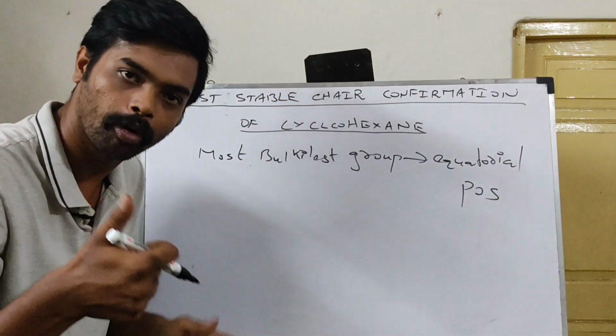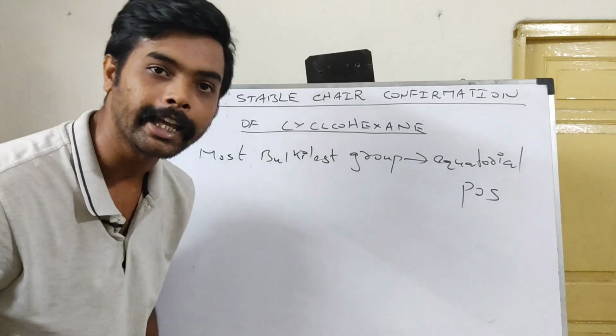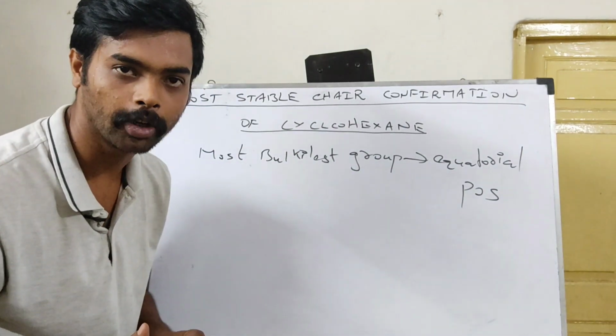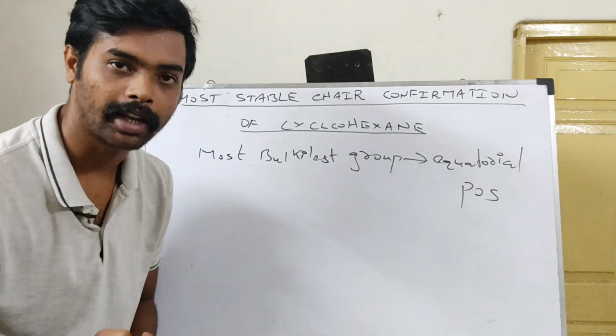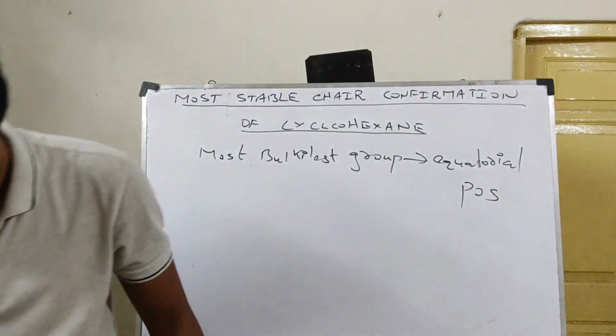This is the only thumb rule which you have to remember. The bulkiest group must be in the equatorial position. If you can remember this, and if you can recall the previous video, you will be able to easily get the most stable chair conformation of cyclohexane. Right. So now I think you understood. We'll directly go for the example.